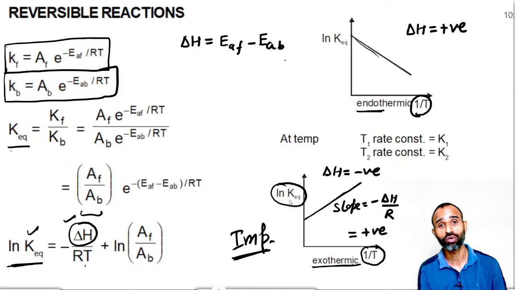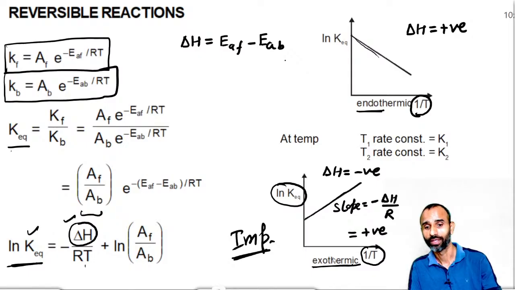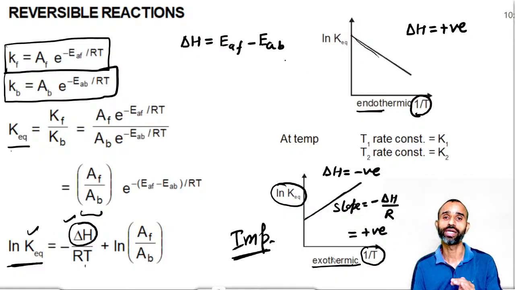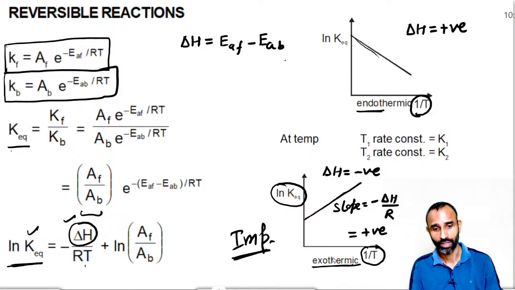If it is natural log of K versus 1 upon T, K means rate constant, Keq means equilibrium constant. Equilibrium constant comes when there is a reversible reaction. So whenever there is a reversible reaction, the graph of natural log of K equilibrium versus 1 upon T depends on delta H, enthalpy of the reaction. If it is positive, then the graph is the same as that of the Arrhenius equation. But if the reaction is exothermic, delta H negative, then it goes upward.